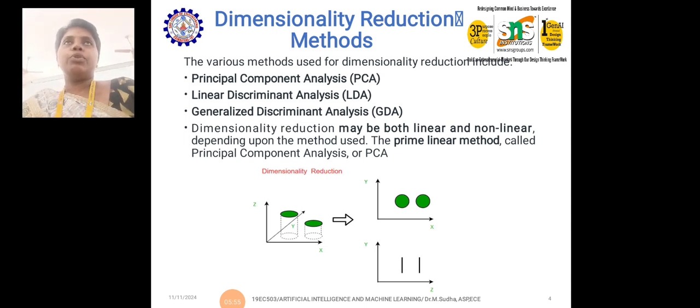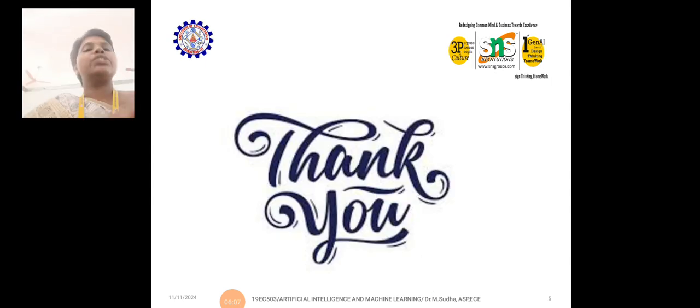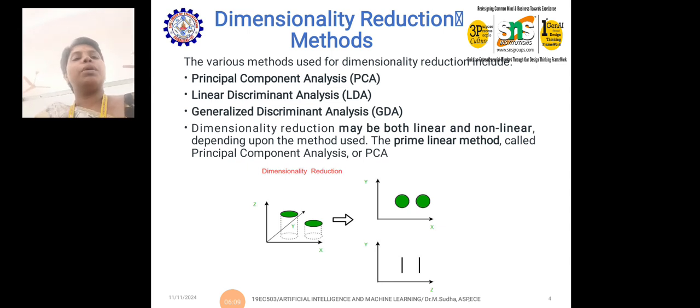If the input increases and the output drastically reduces, or vice versa, it is opposite to that, and that is non-linear. But dimensionality reduction is applicable to both, it may be linear or non-linear depending upon the method used. We have three types of methods: principal component analysis, linear discriminant analysis, generalized discriminant analysis. The prime linear method is called principal component analysis, or PCA. Mostly, principal component analysis is used in regular applications.